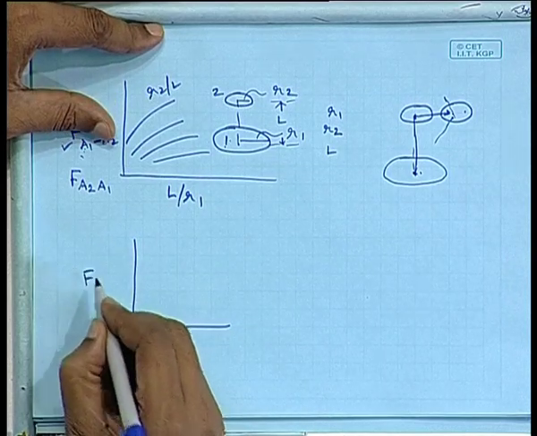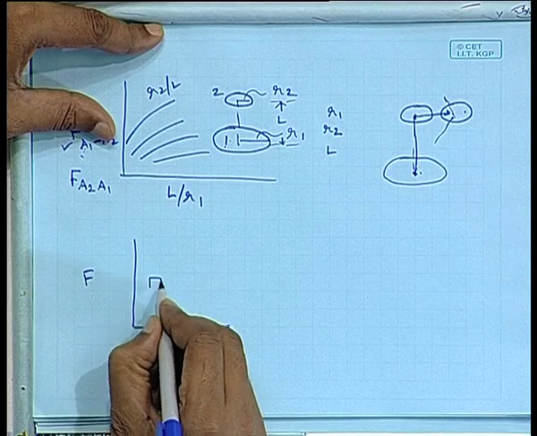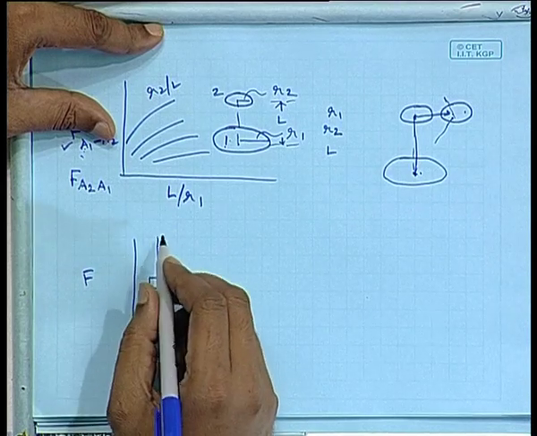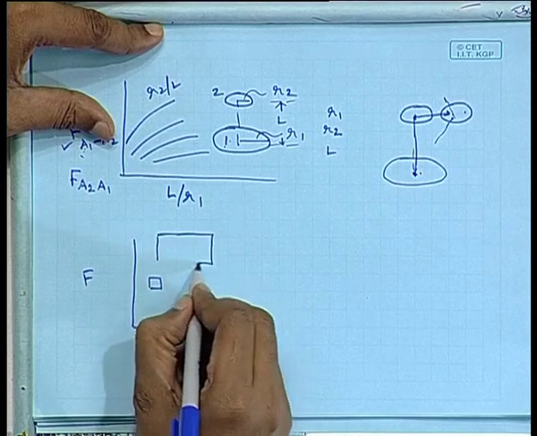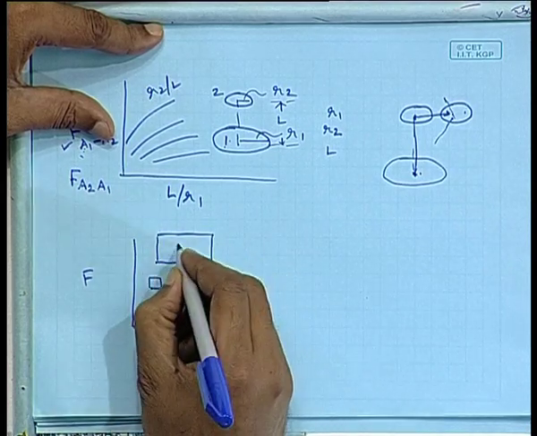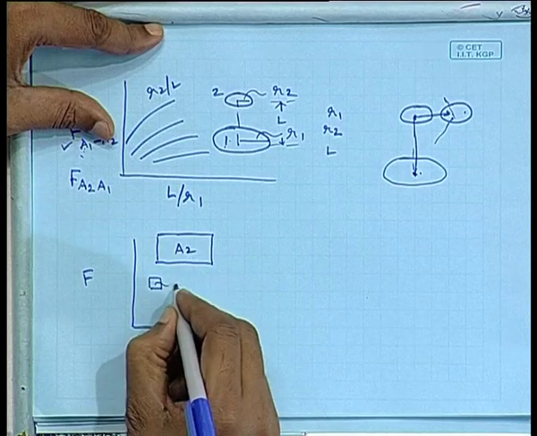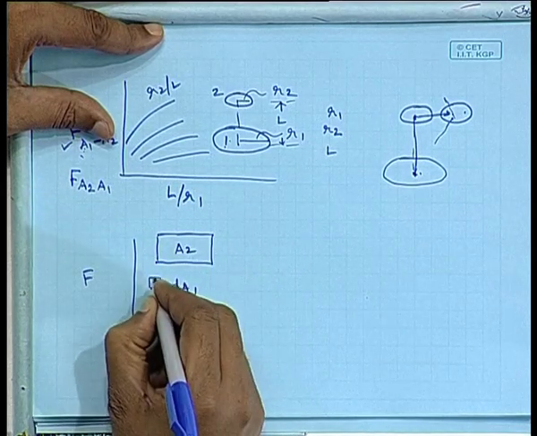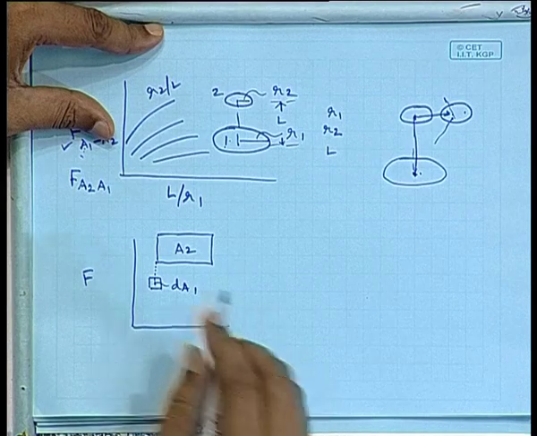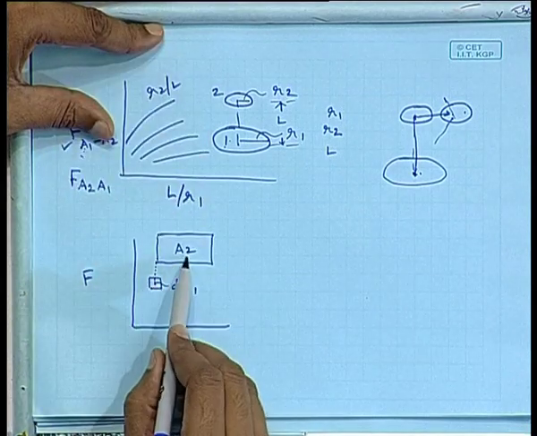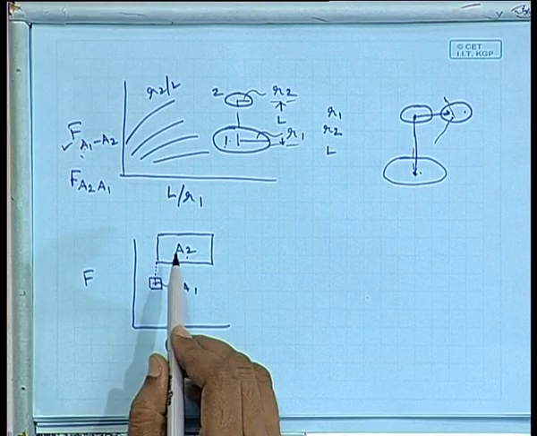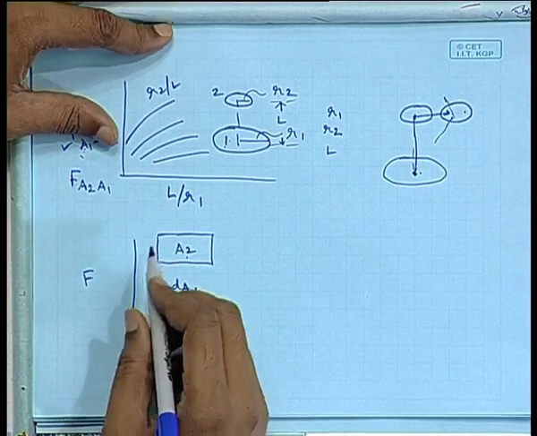Let us say I have a small elemental surface and a relatively large surface. So, this is A2 and this is dA1. dA1 is directly below this, which tells you that if A2 is directly above dA1, it will have a different value of view factor.